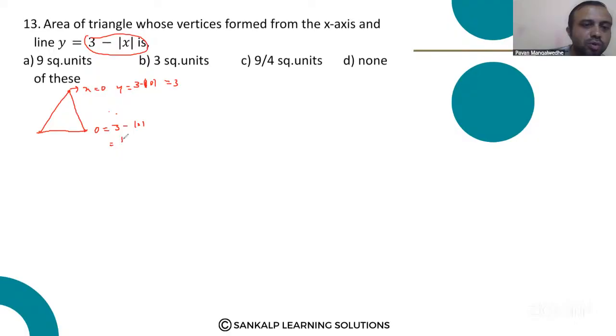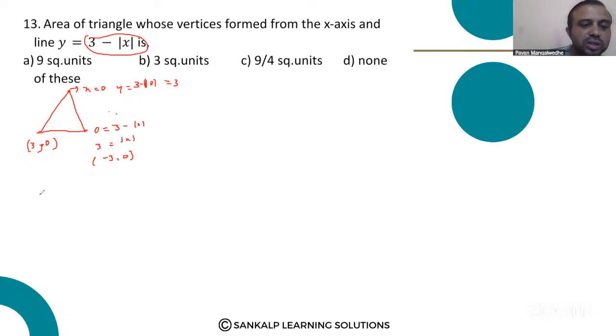So mod x is equal to 3, which means x is minus 3 or 3. So minus 3, 0 and 3, 0. So these are the three coordinates.